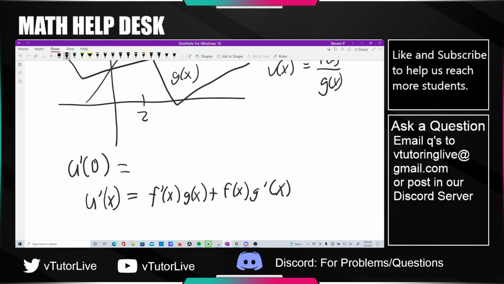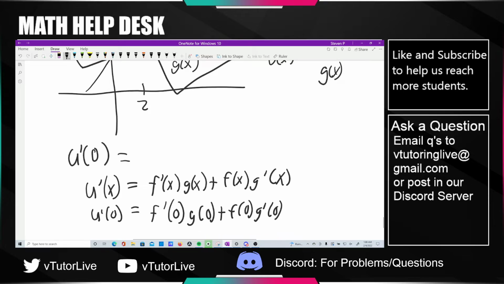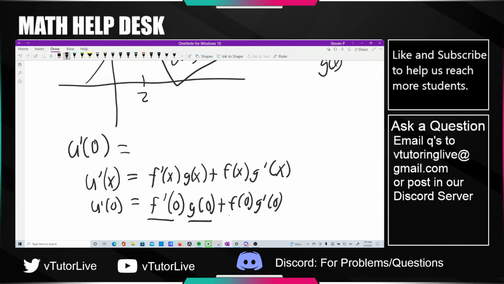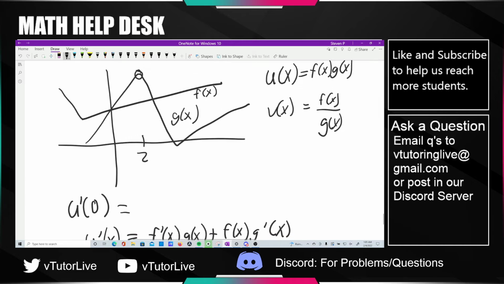So maybe let's just plug in 0. u prime of 0, or whatever your x value of interest is, equals f prime of 0, g of 0, plus f of 0, g prime of 0. So there are basically 4 unknowns, and we need to get all of these from the graph.